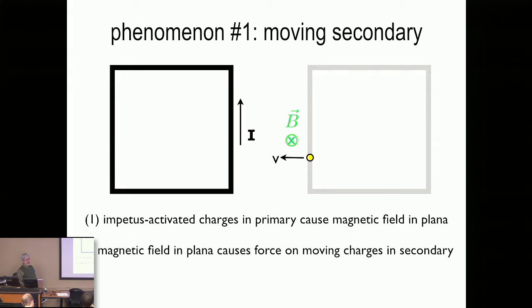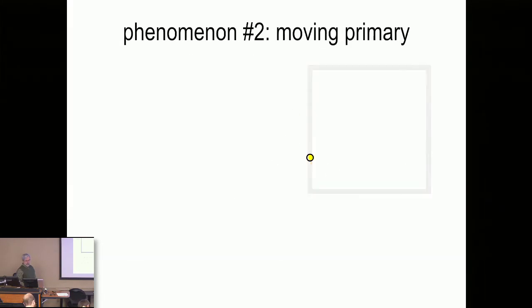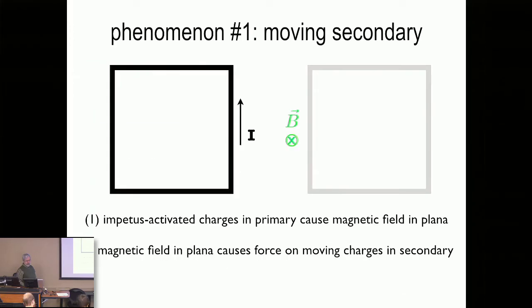And that produces a V cross B force. Q V cross B is, in this case, downward. It's going to push the charges downward. That's the problem with doing it this way in one view graph with these transitions. That's going to induce current flowing in the counterclockwise direction. That's the first method for inducing a current, and I think I better let you go now.